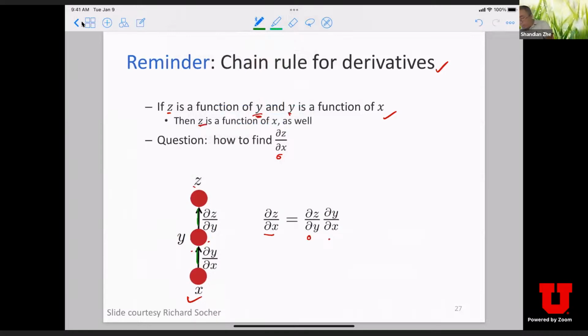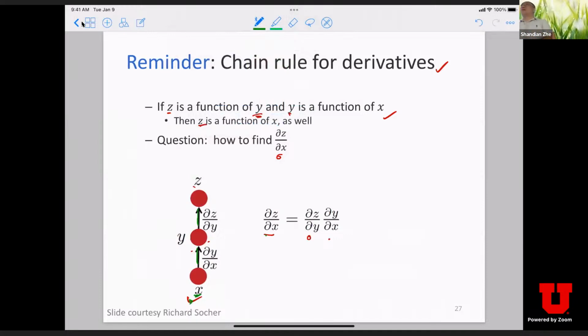And then if we want to compute the partial derivative between two arbitrary nodes, that is partial z over partial x, graphically we first find all the paths from x to z. In this graph, there's only one path: x goes to y, y goes to z.